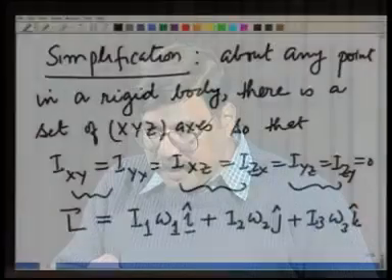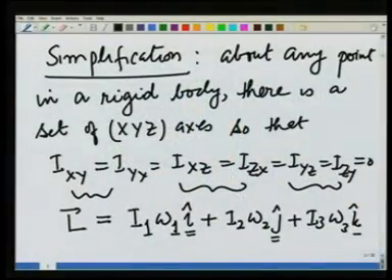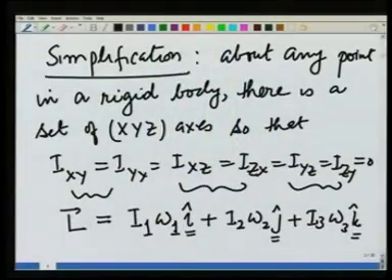So the expression really gets simplified. The only catch now is that these i, j and k unit vectors are along the principal axes x, y, z of the body.